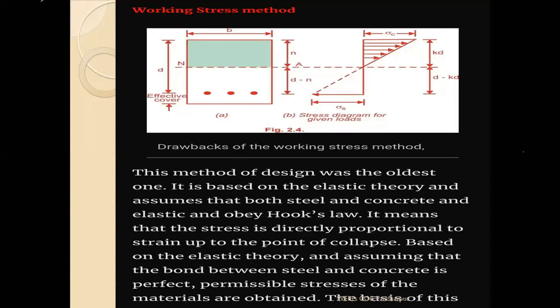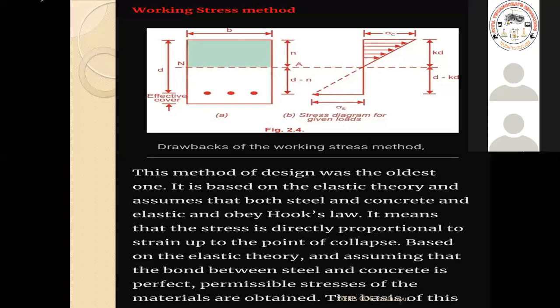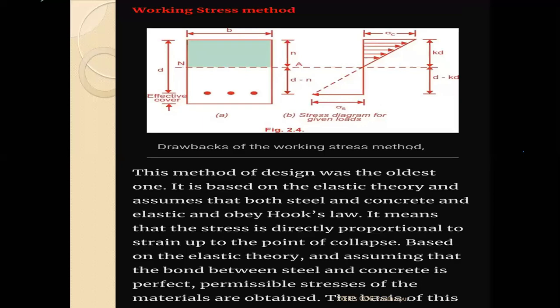If you design the section using the working stress method approach, then the size of the section will be bigger. Also, this assumption is not that correct. It will not give you the correct value of the working stress. That is why the working stress method is not adopted now, and designs are not carried out by the working stress method. So open your notebook and write down this heading, working stress method, and draw this diagram.